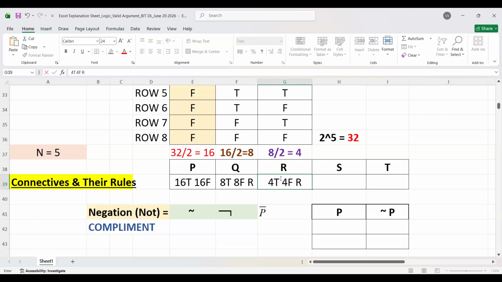Again, you repeat this order. And then S will be what? 2 truths and 2 false. And then again, you repeat. Then the last one, 1 true, followed by 1 false. Then you repeat. Okay, good.